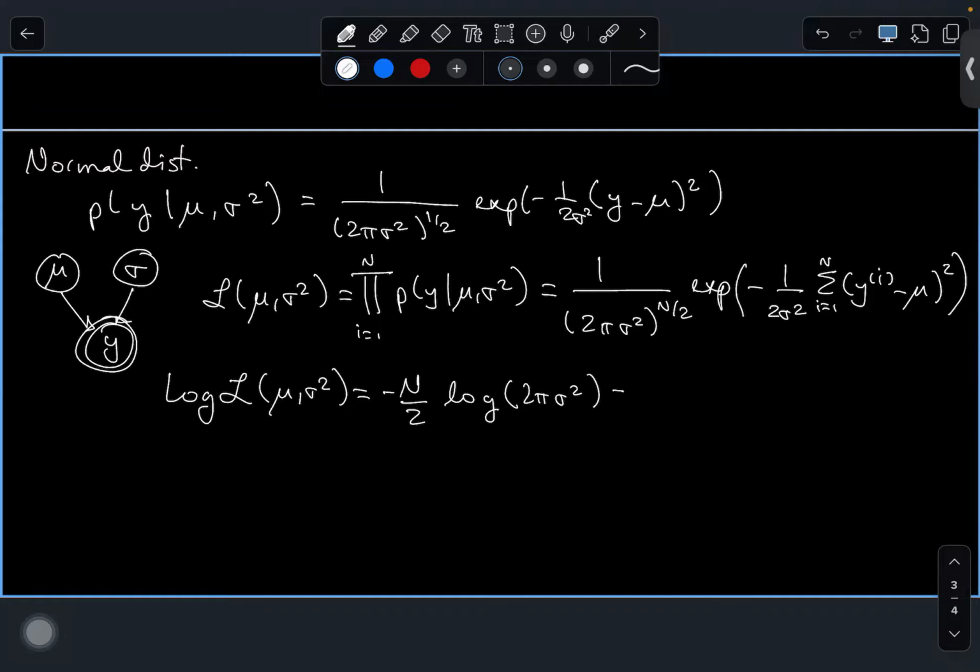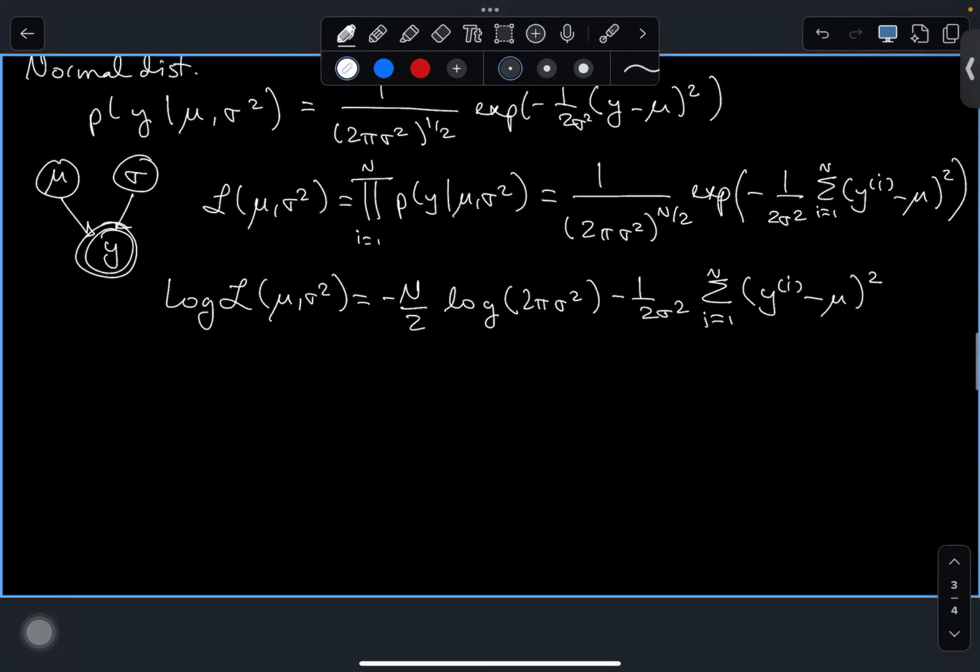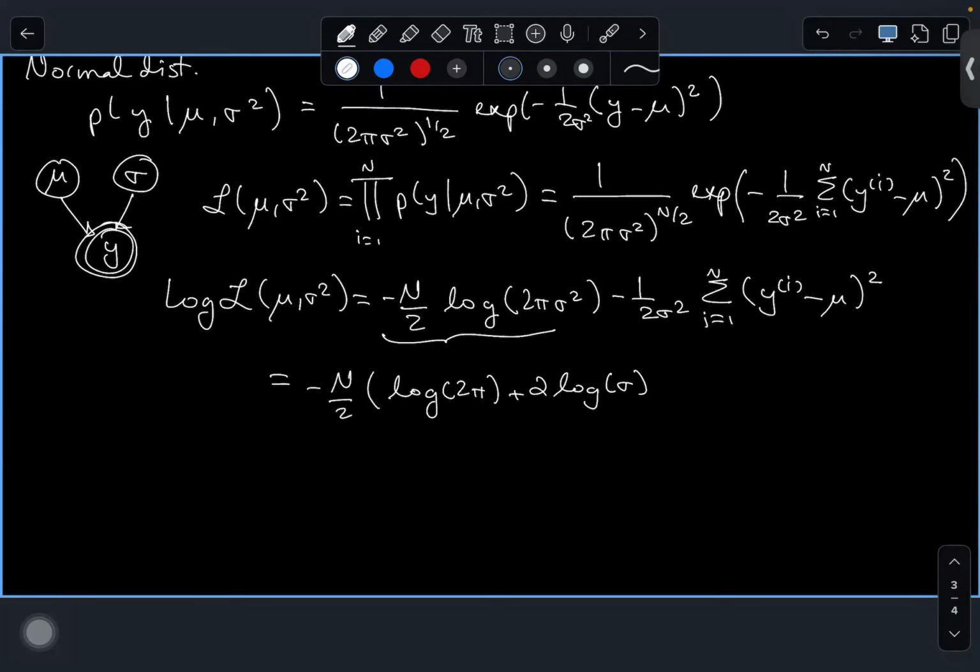Then I have the quantity inside the exponential, 1 over 2 sigma squared times the sum of (y minus mu) squared. Okay, we can simplify this just a little bit. That first term becomes minus n over 2 times the log of 2 pi plus 2 log of sigma.